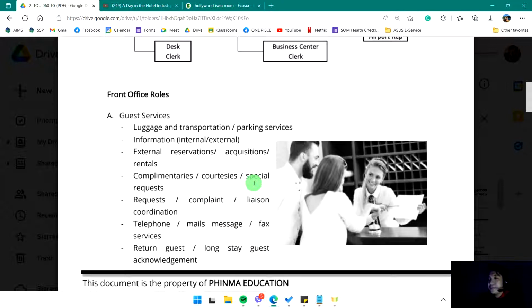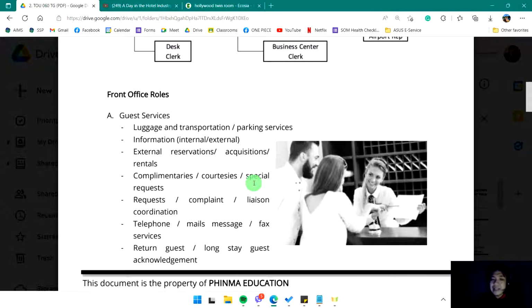Basically everything to do with reservations, with check-ins, everything that comes with our guests, no? Their luggage service, whether or not they have businesses outside your hotel or inside your hotel, personal requests, ano pa ba?